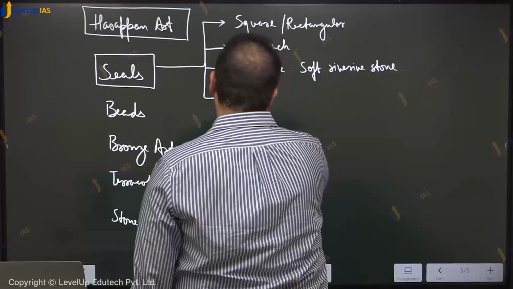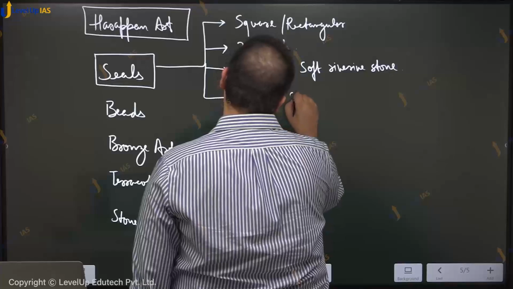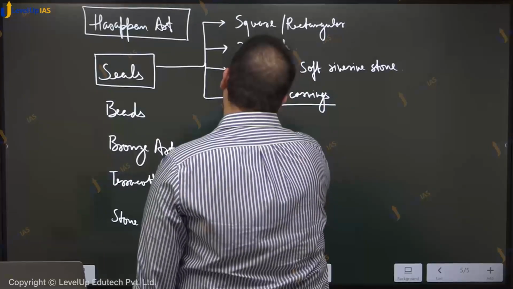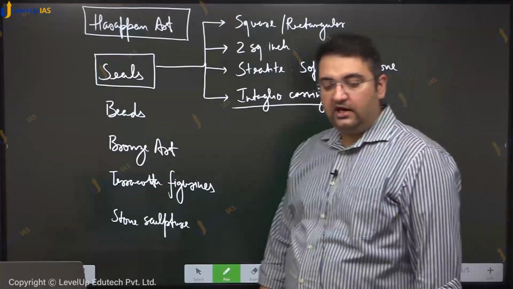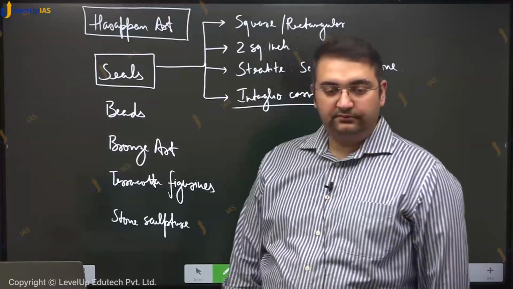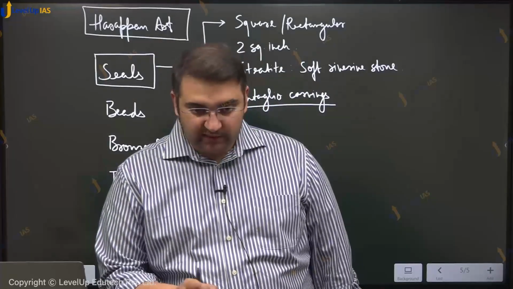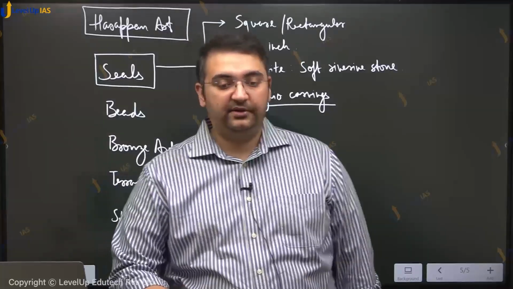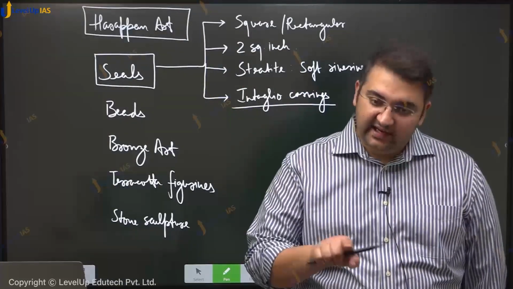They were covered in intaglio carvings. What are intaglio carvings and relief carvings? Modern currency also has something made on it. How is it made? Is the carved portion raised or is it depressed? Raised, right?